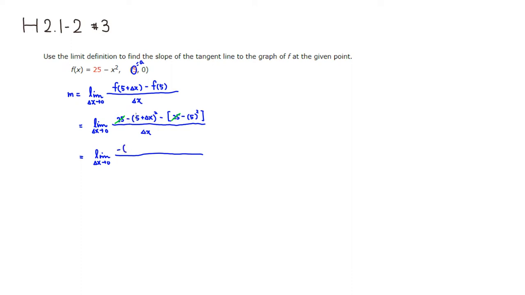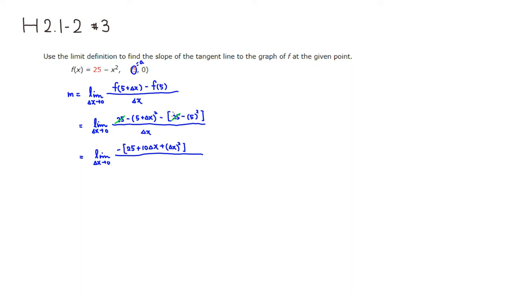If you square that, you get 5 squared, so it's 25, and plus 2 times 5 times delta x is 10 delta x, plus delta x squared. Maybe I should put a square bracket there instead of the parentheses so that we don't get confused here.